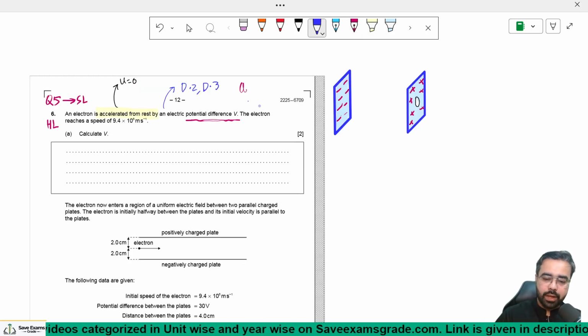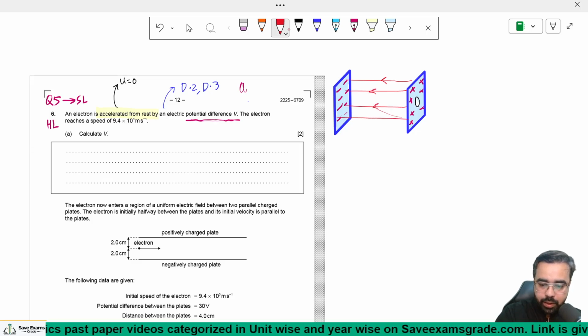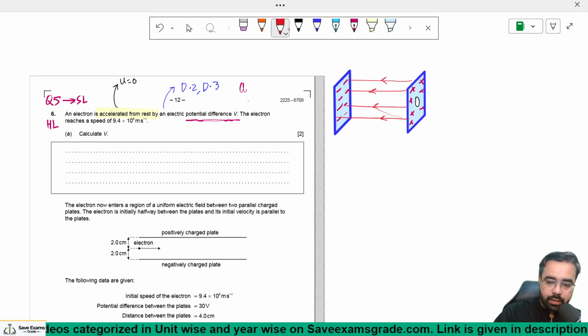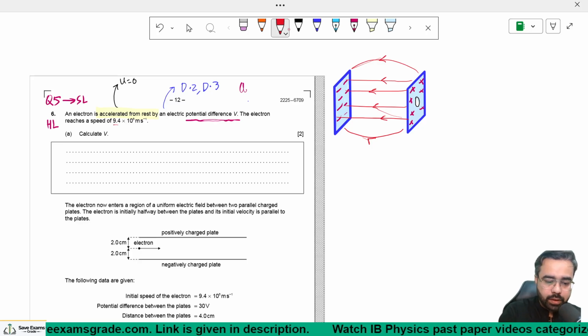So students, you see I have set the parallel plates, and there should be an electric field between the plates, and that should go from the positive to the negative. And this is a uniform field, it means that all the lines are parallel to each other between these plates. Okay, and on the edges this field is non-uniform like this. Anyways, an electron, they said, gains this velocity 9.4 times 10 power 6 meter per second when it just escapes this field, right?